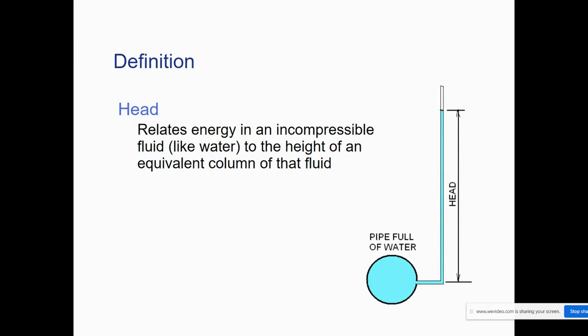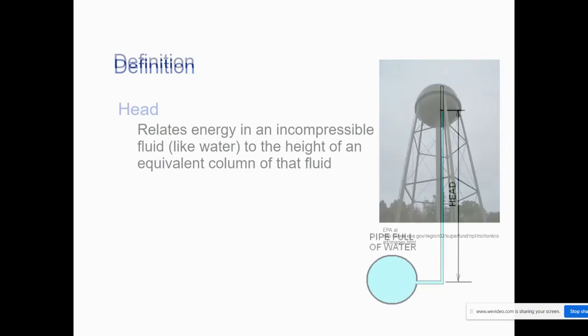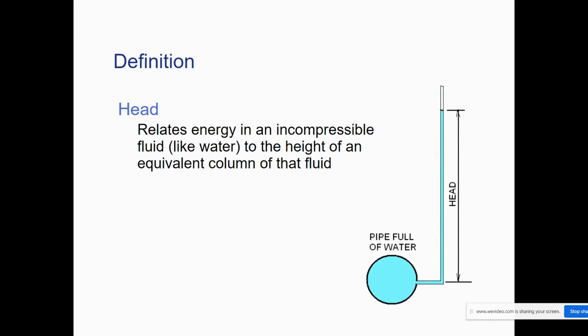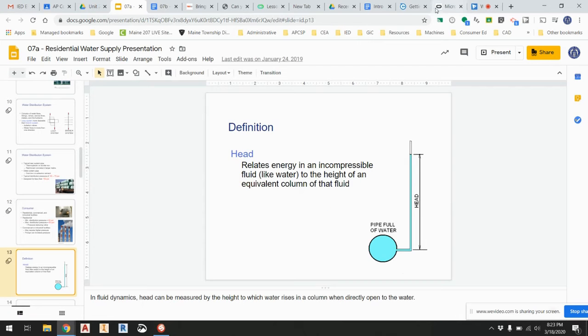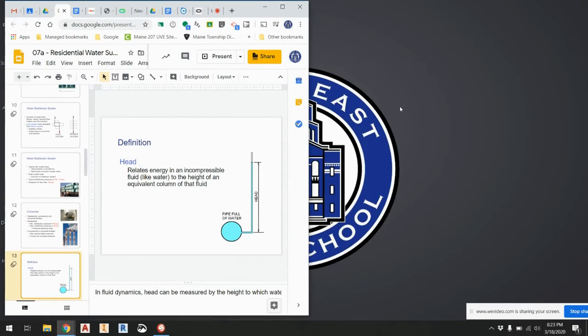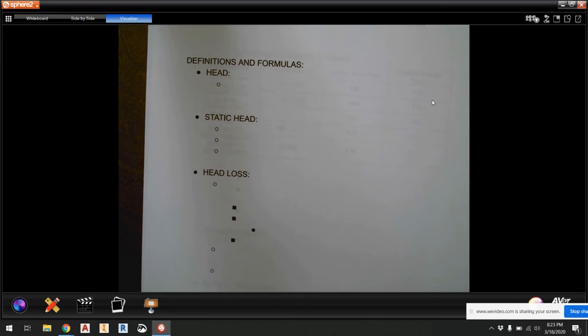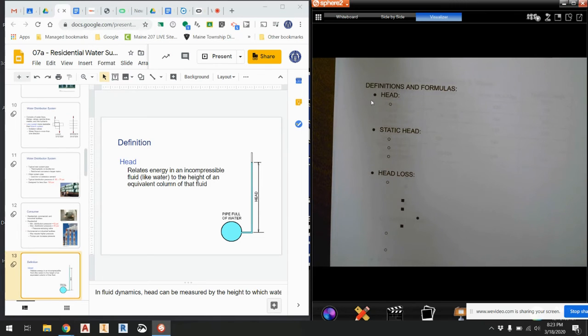All right, so now we're getting into definitions. So this is where we're going to switch over to our notes so we can do a dual screen here. All right, so head.